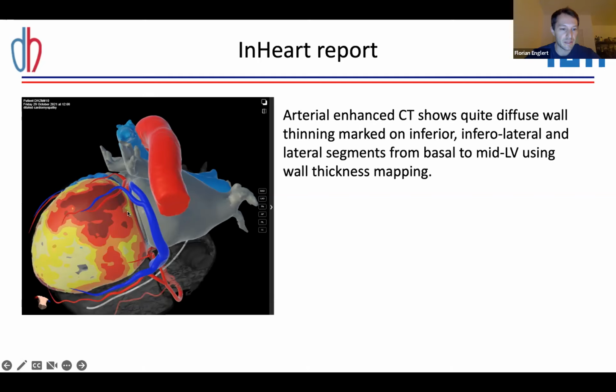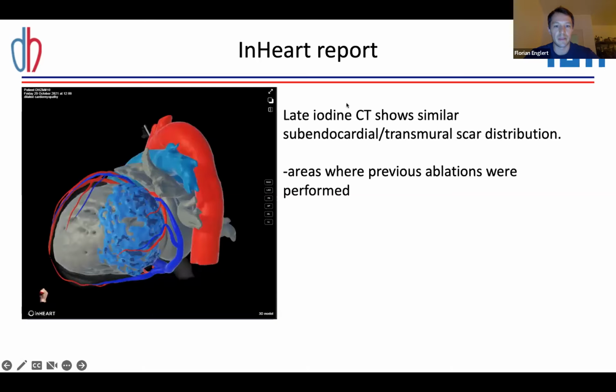And as you can see here, there are some critical isthmi that you can already see from the picture shown here. What we also got from the late iodine CT was this transmural scar distribution in areas where the previous ablations were performed. So just what you would expect.